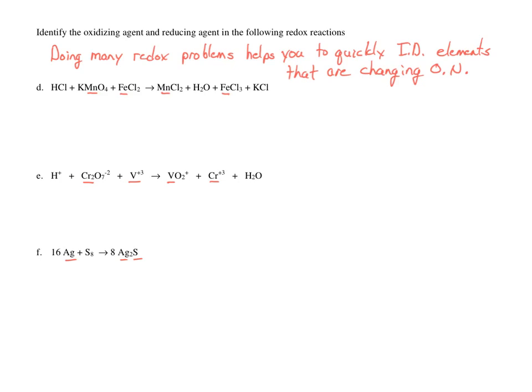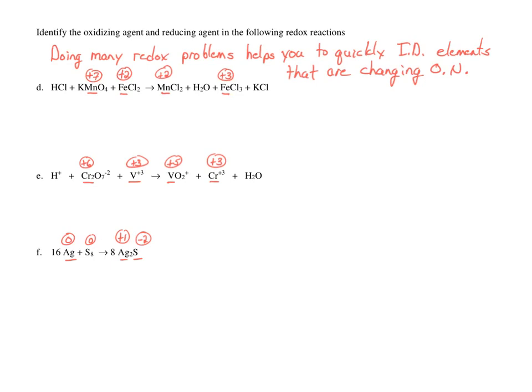These three examples are a bit trickier because it's not immediately obvious which elements are changing oxidation number. However, the more redox problems that you do, the more quickly you're going to be able to identify elements that are changing oxidation number.